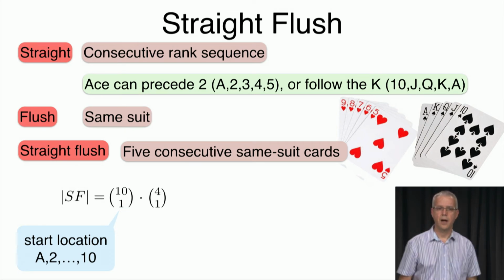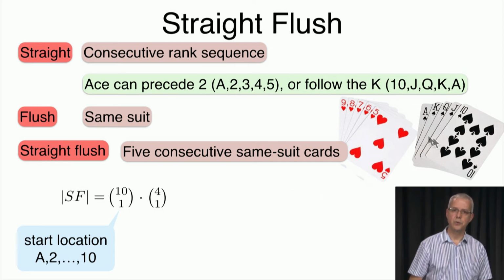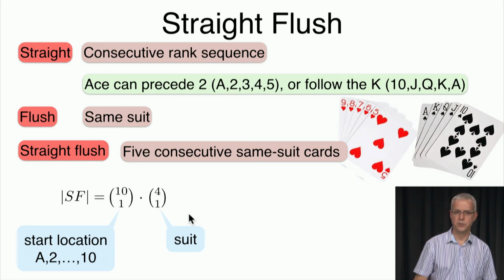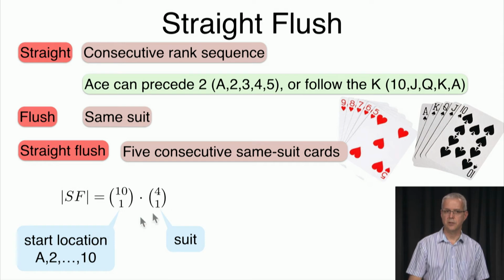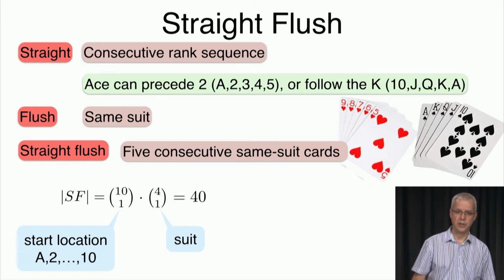And then once we choose the start location, we also need to choose the suit for all the cards. There are 4 suits, so we need to choose one of them. It's 4 choose 1. That's the number of ways of choosing the suit. And therefore, by the product rule, because we chose the start location and then the suit, the total number of straight flush hands is 40.